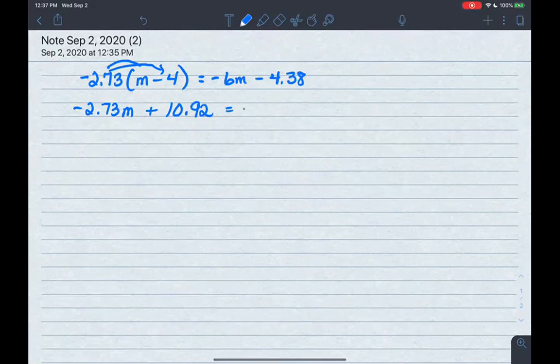It's going to be negative. Is it going to be negative? Was that a minus in my original problem? Was that a negative 2.73 times m minus 4? No, it was plus. Oh, it was plus. I wrote down the problem wrong.